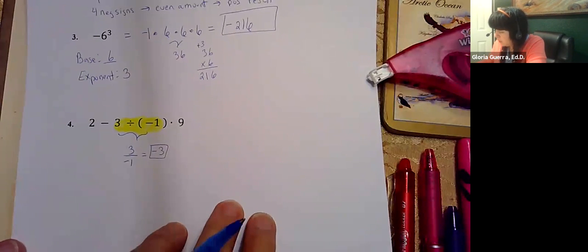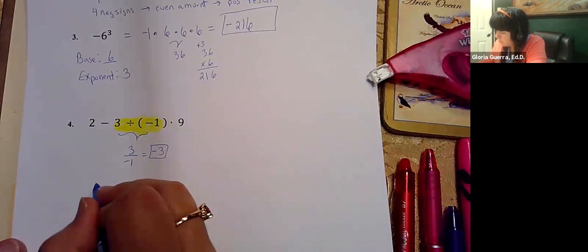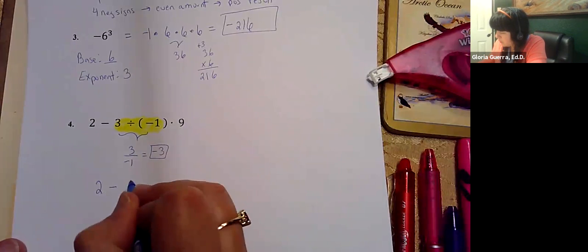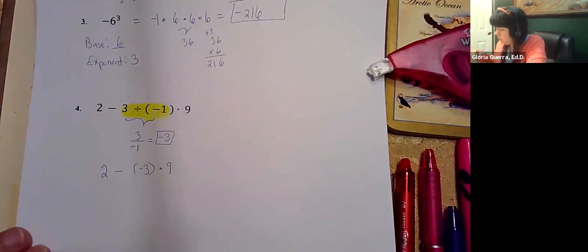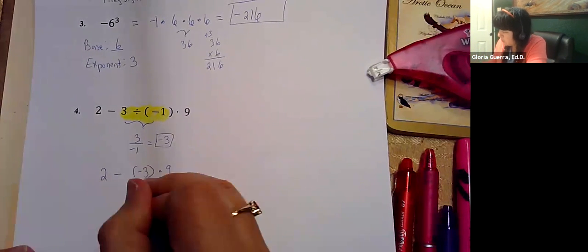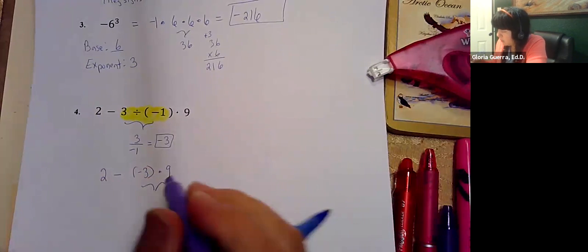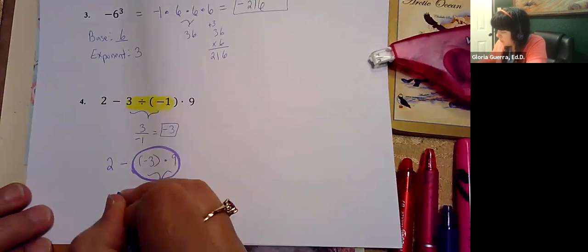And then you have 2 minus -3 times 9. So next you want to multiply -3 times 9, which is -27.